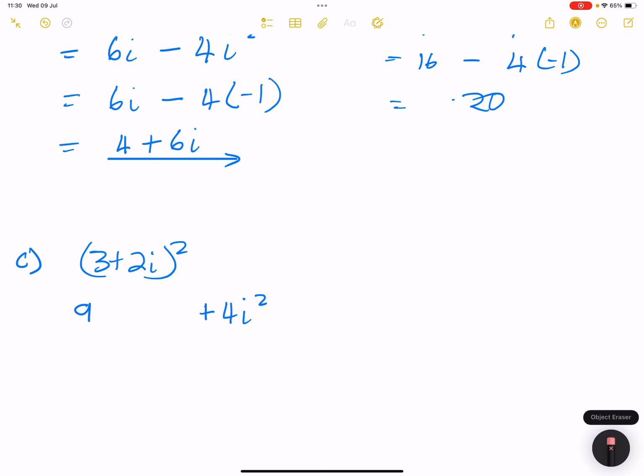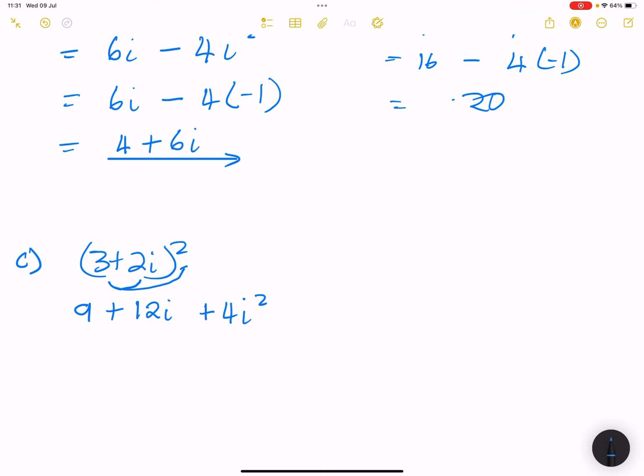And then we can look at the middle term, 3 times 2, that's 6 multiplied by 2, which will give us 12i.